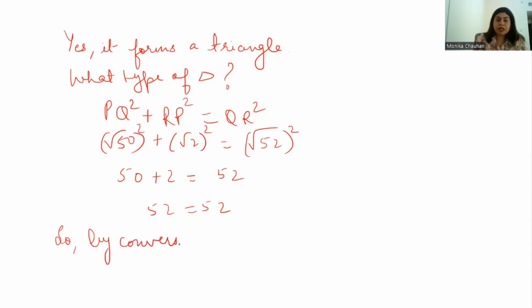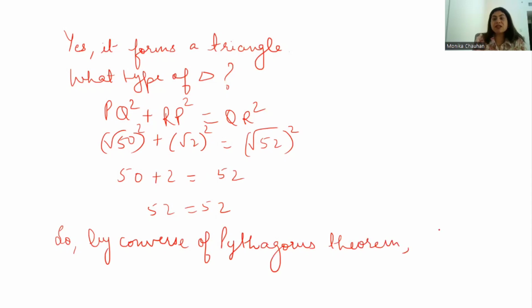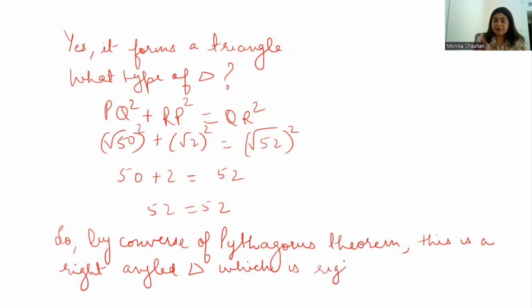by converse of Pythagoras theorem. What is 90 degrees in this? So by converse of Pythagoras theorem, this is a right angle triangle, which is right angled at P. Okay.